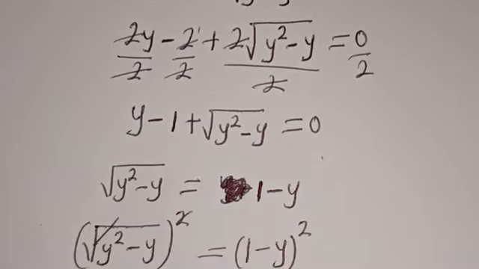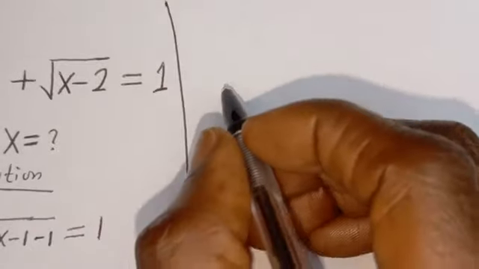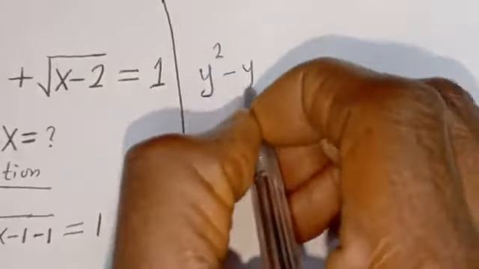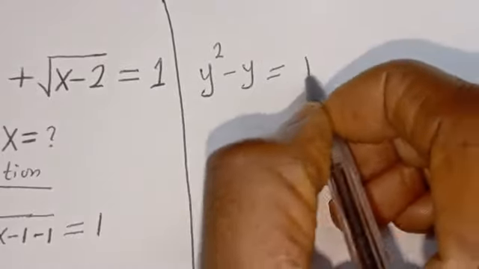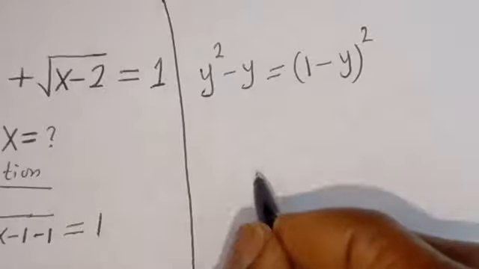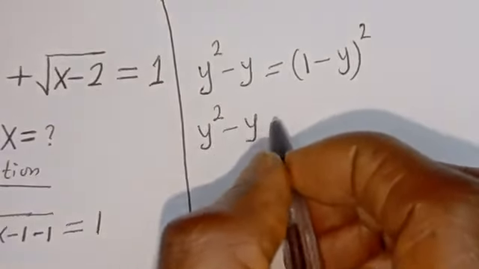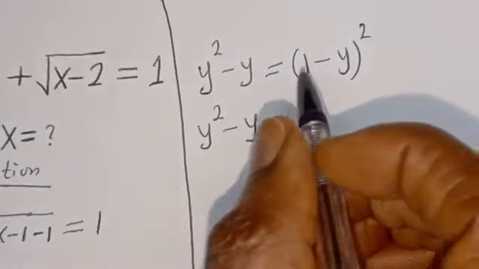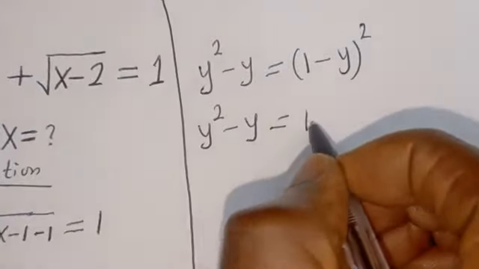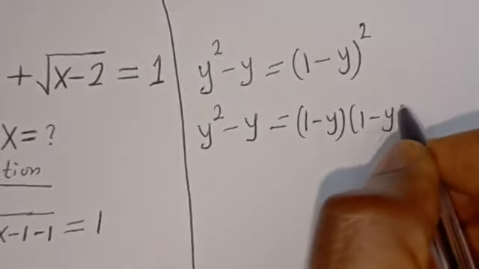This we cancel. Then we have y squared minus y is equal to 1 minus y all squared, which is 1 minus y times 1 minus y.